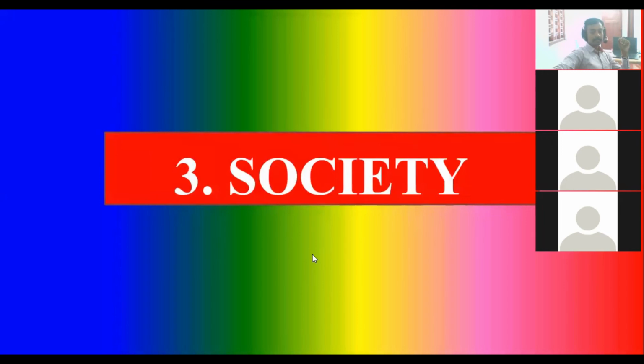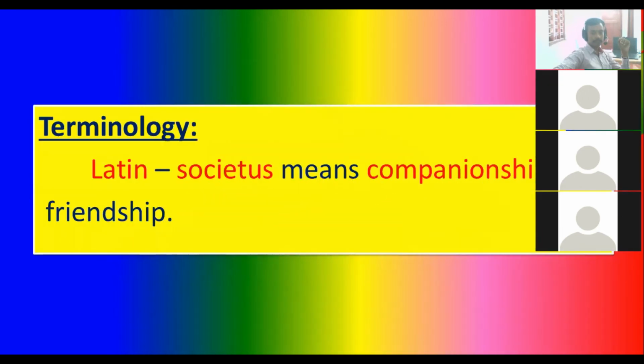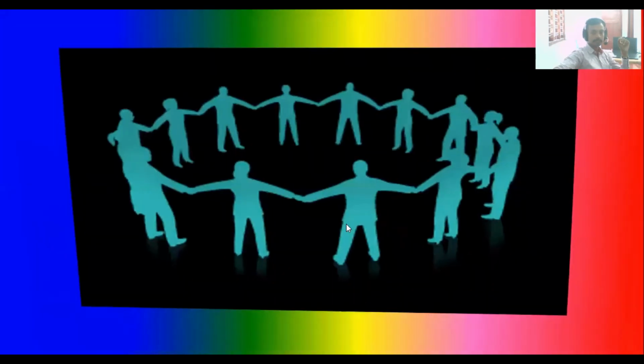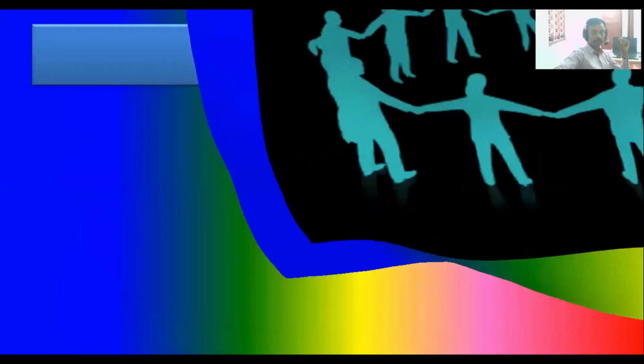Next section, society. What do you mean by society? Latin word societas, meaning companionship or friendship. Look at this: people together, companion.